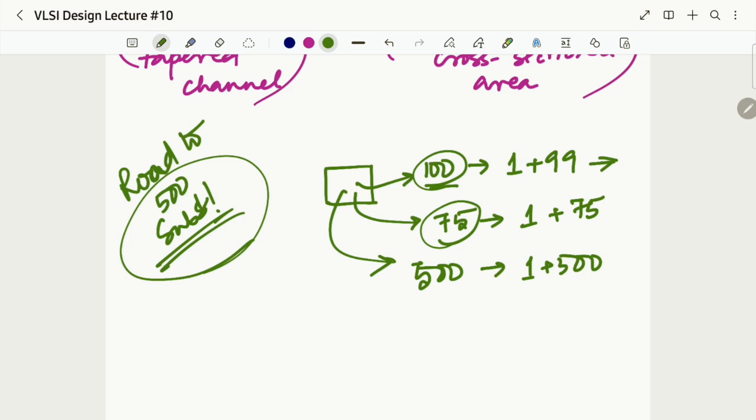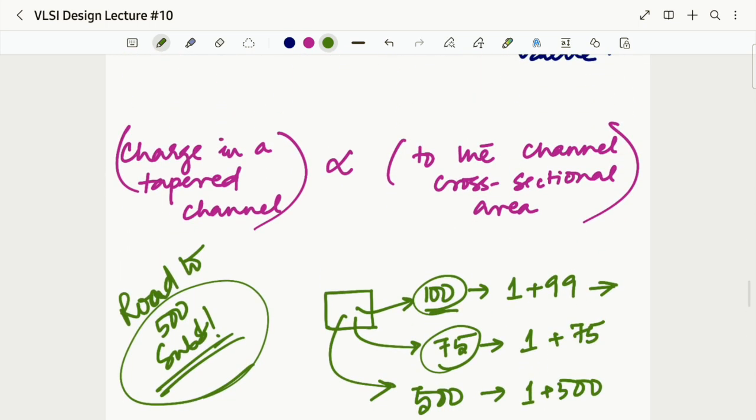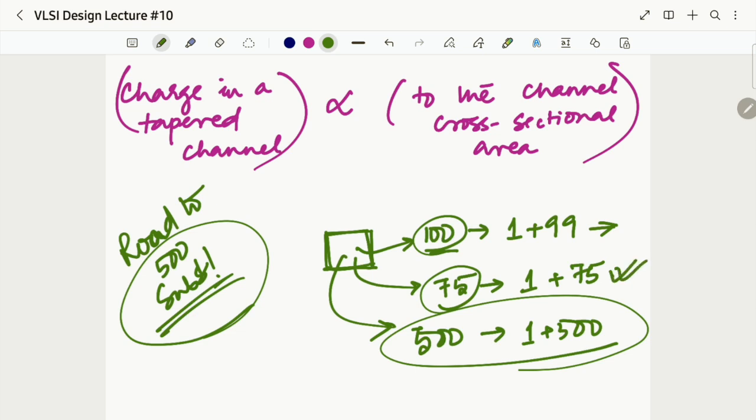We'll die of suffocation. Depending on the amount of space we have, that many people only we can fit in. This will never happen, we can't do this.